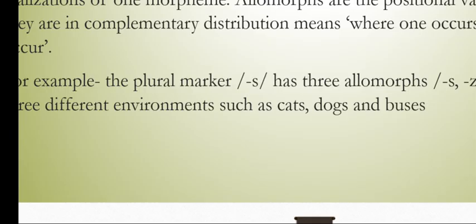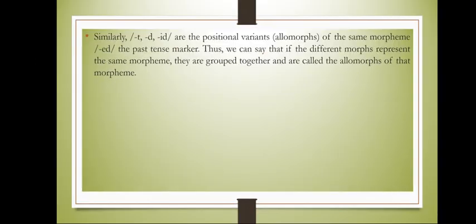Similarly, t, d, and id are the positional variant allomorphs of the same morpheme. The morpheme is ed, and it has three different variants: t, d, and id. The past tense is the ed marker. Thus we can say that if different morphs represent the same morpheme, they are grouped together and called the allomorphs of that morpheme. Examples of t, d, and id: when we say cooked, C-O-O-K-E-D, there is ed, but the sound is t.